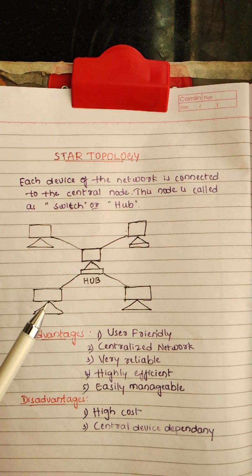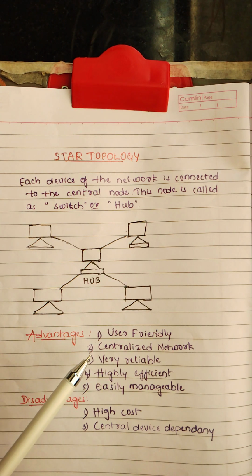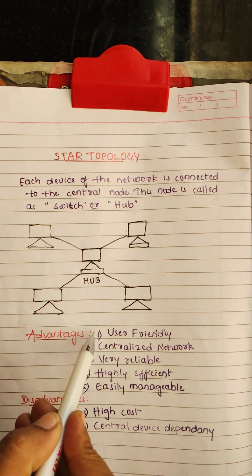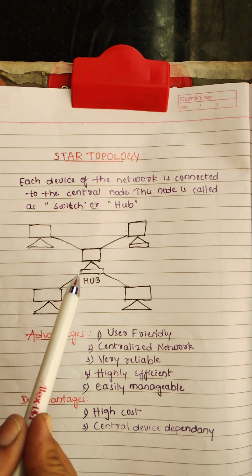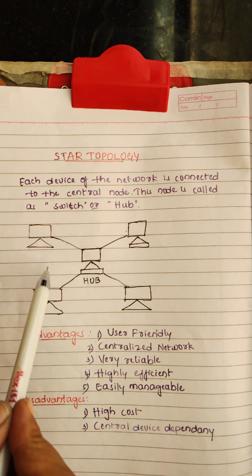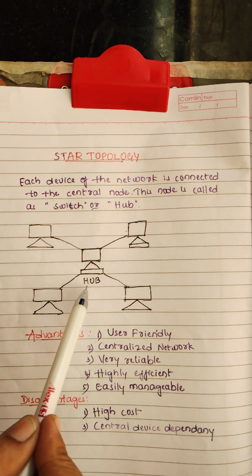The advantages of the star topology are: the first one is that the star topology is user friendly. It means that here we can make changes without affecting the rest of the network. For example, in this network there are 4 machines connected to the central hub.